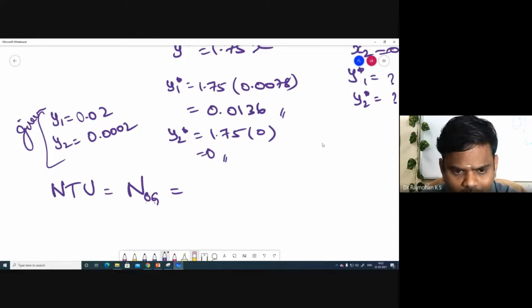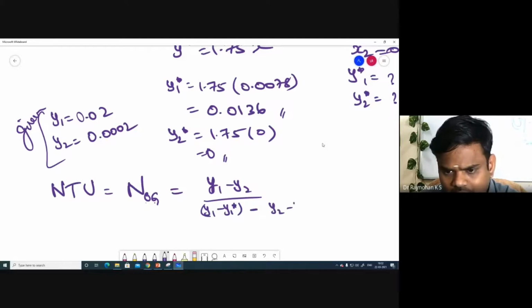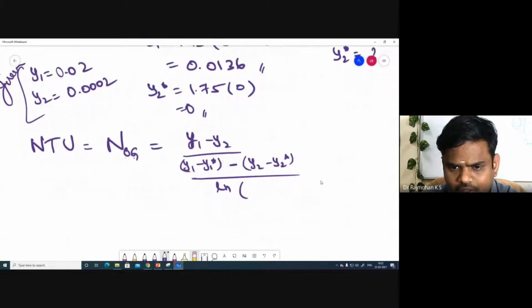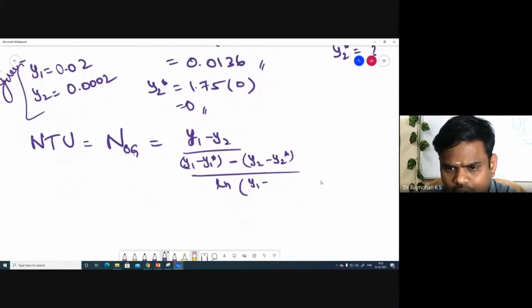The number of transfer units can be written as y1 minus y2 divided by the log mean of (y1 minus y1 star) and (y2 minus y2 star), that is, (y1 minus y1 star) minus (y2 minus y2 star) divided by ln of (y1 minus y1 star) by (y2 minus y2 star).